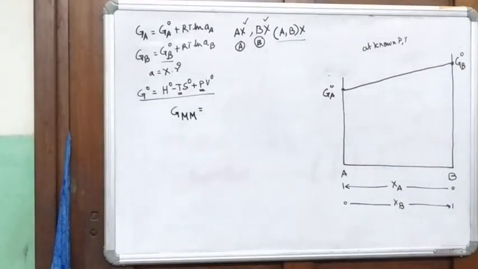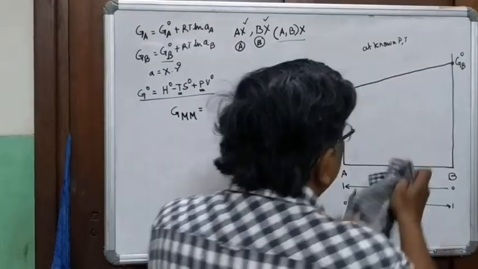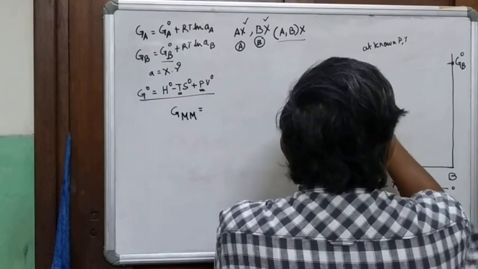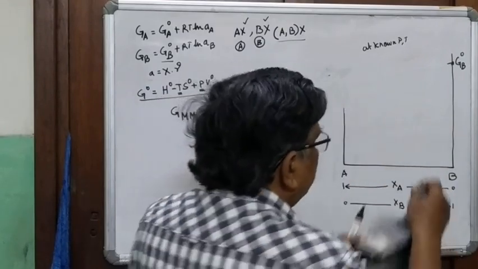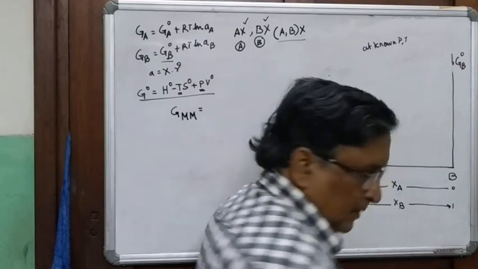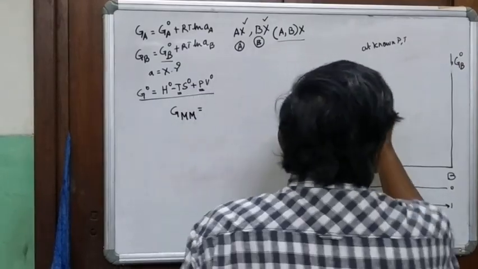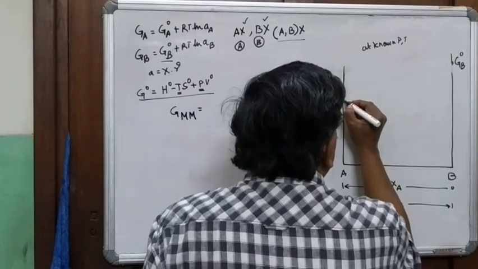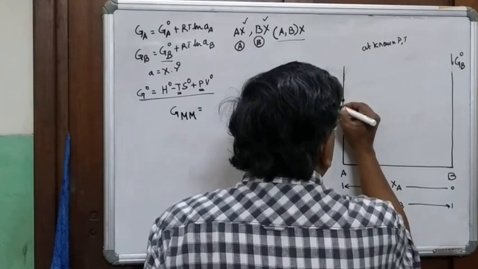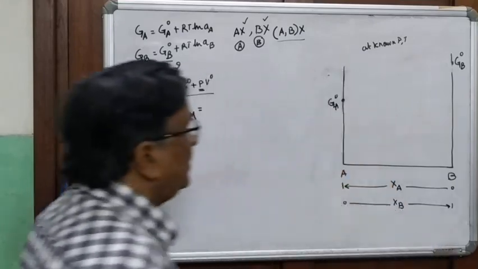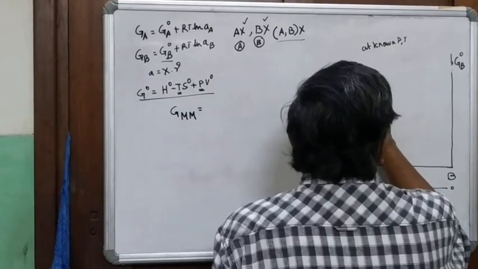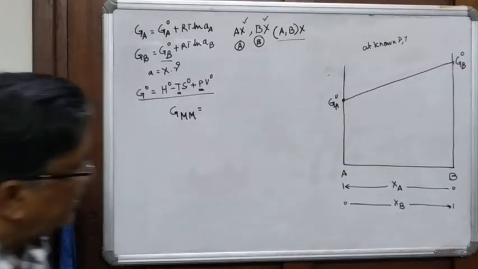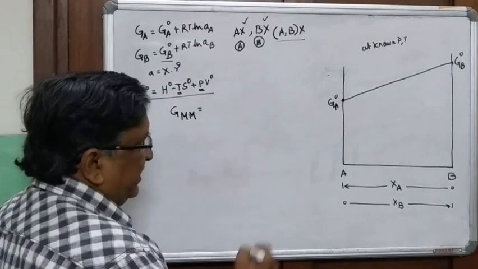I will write this a little lower. Sometimes it's difficult to show it because of the curvature. And this is the straight line. Now, G mechanical mixing.